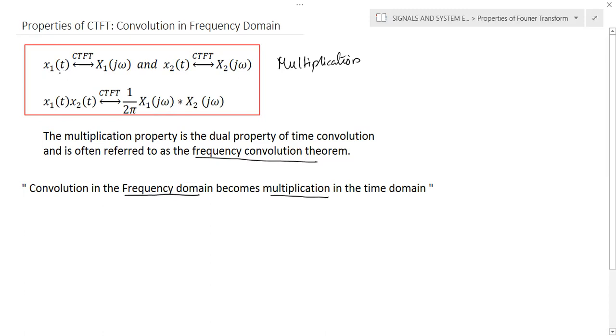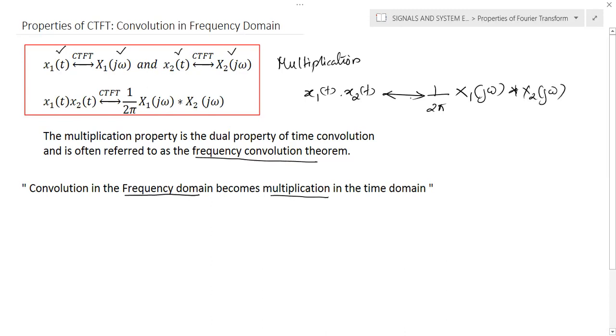Here, the transform of x1 of t is written as X1 of jω, and the transform of x2 of t is given by X2 of jω. Then the product of two signals, x1 of t into x2 of t, is multiplication, whereas in the previous case it was convolution. The Fourier transform is simply the convolution operation in the frequency domain, that is X1 of jω convolution X2 of jω.